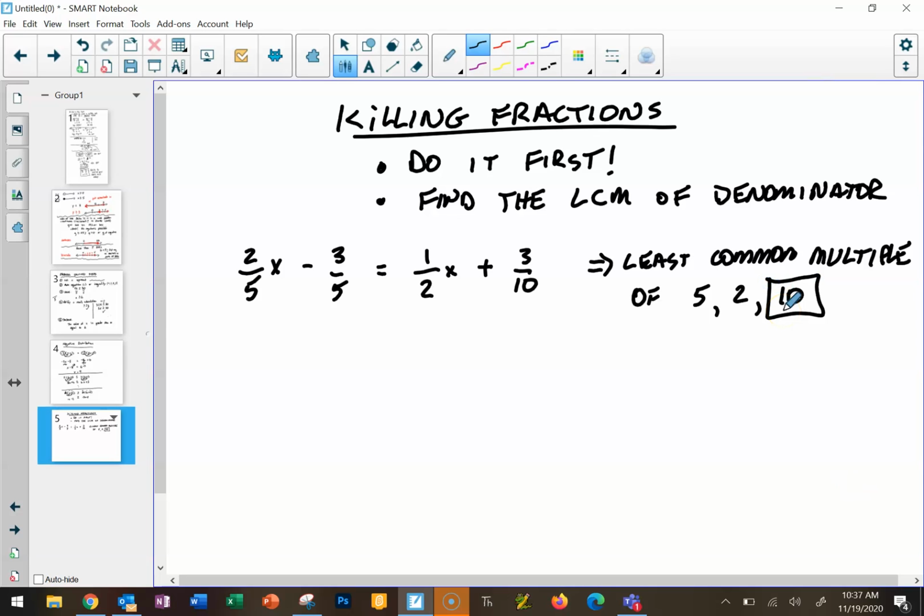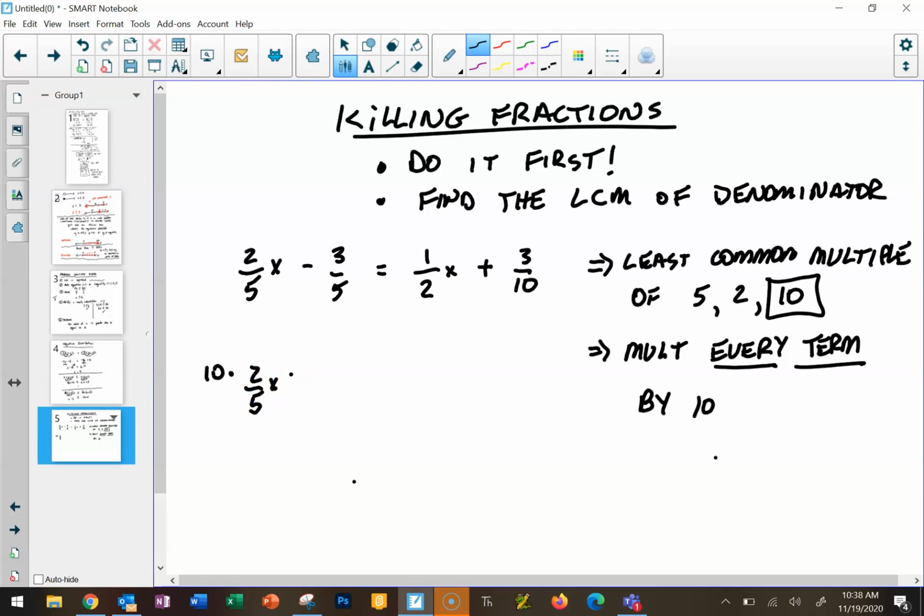So what you should do at this point is multiply every term by 10. So it looks like this: 10 times the 2 over 5x minus the 10 times the 3 over 5 equals the 10 times the 1 over 2x, plus the 10 times the 3 over 10.